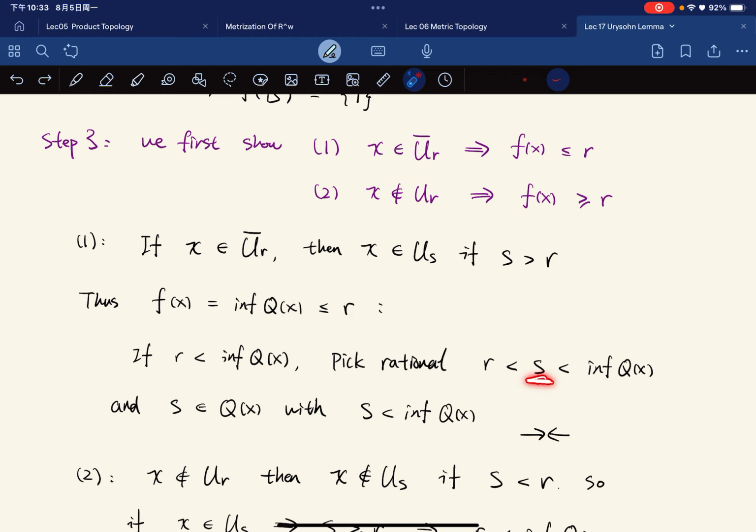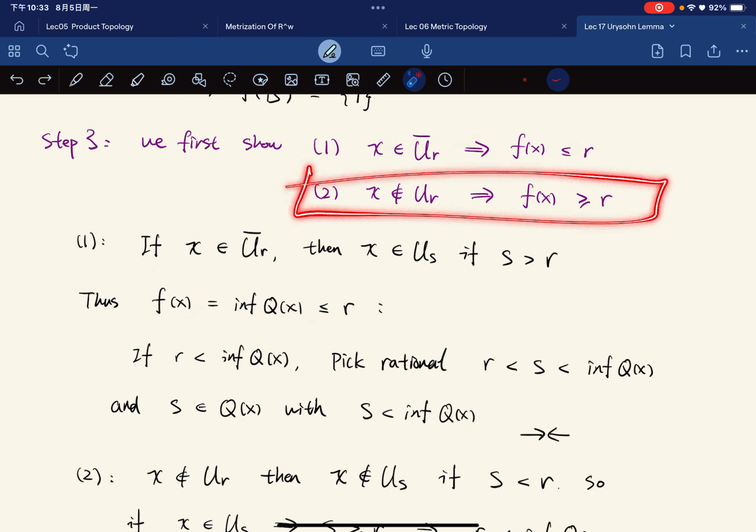Now, s is greater than r, so x is in us. x is in us implies s is in q of x, right? It is in the set, which means that s is strictly less than the infimum, which is clearly a contradiction, right? So we have x is in u r bar, then f of x is equal to r. Okay, first one, then we're done.